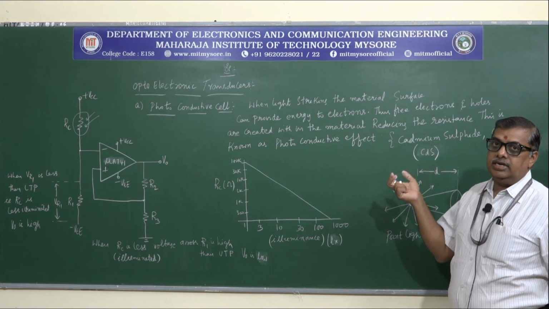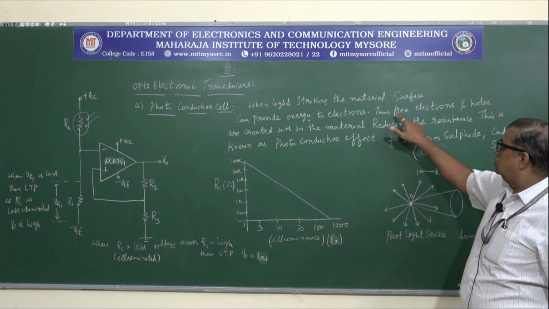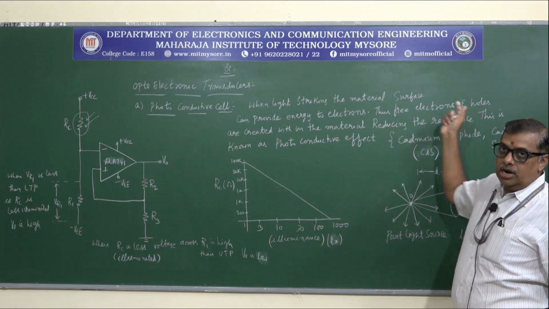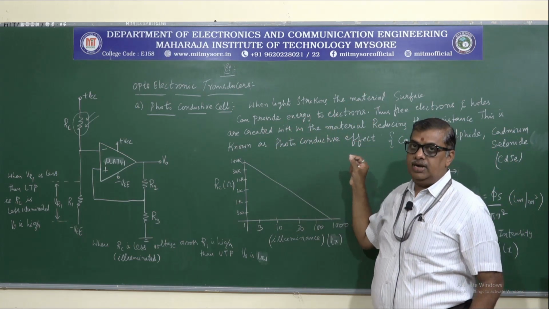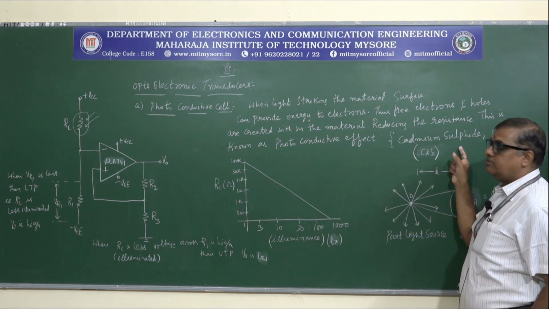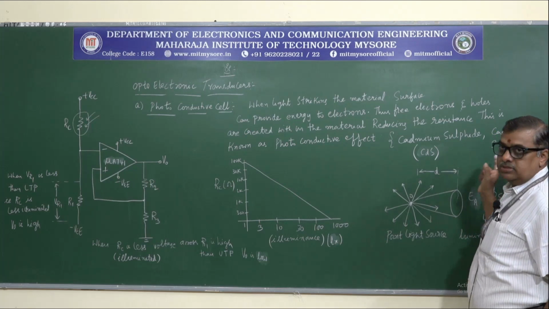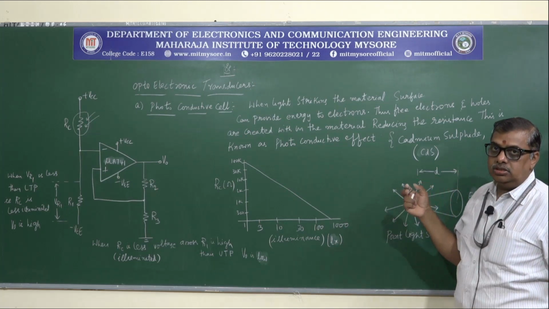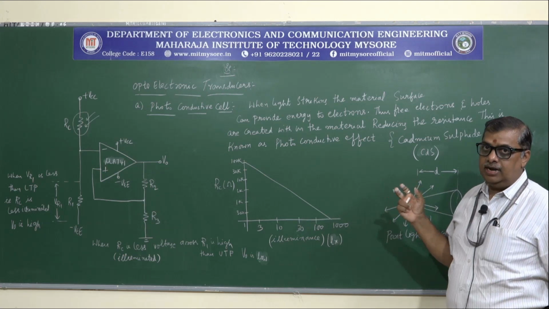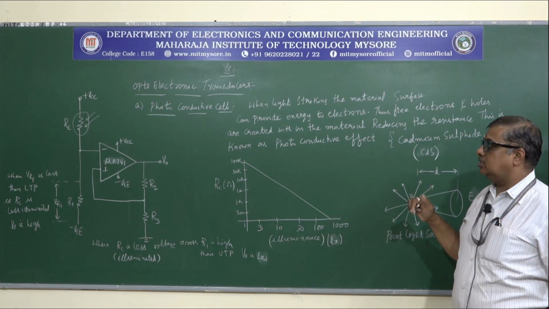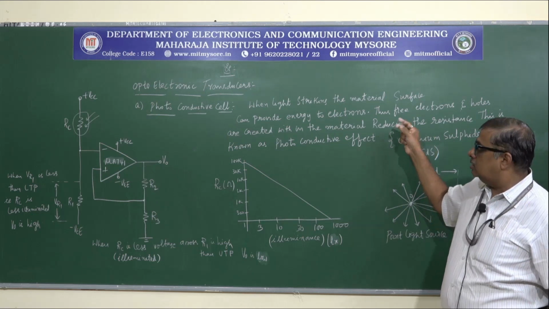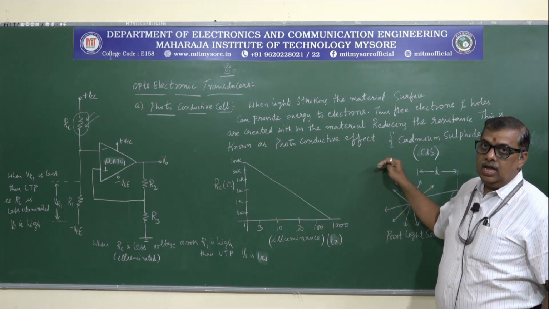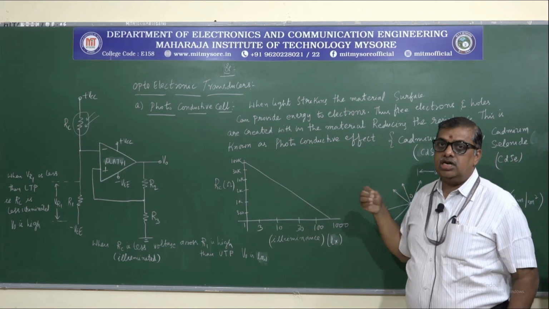When electrons get sufficient energy, free electrons and holes are created. So when light falls on cadmium sulfide or cadmium selenide, free electrons get liberated and energized, they start moving inside the material, and current starts flowing.